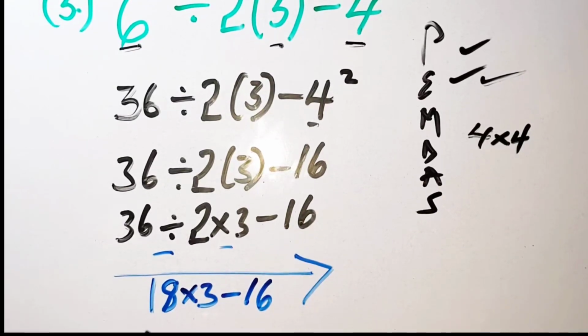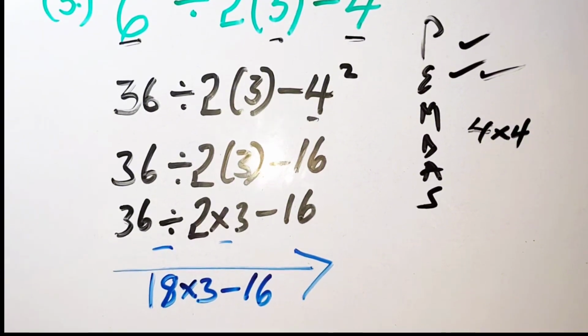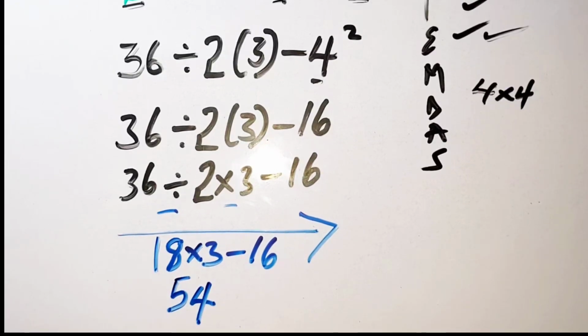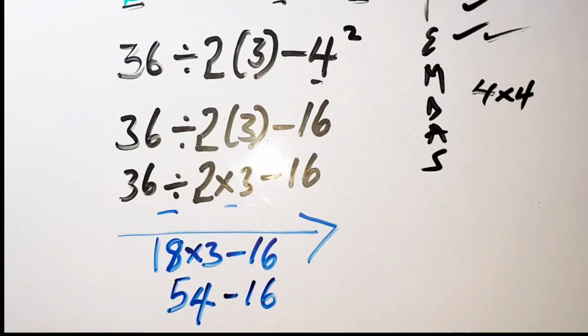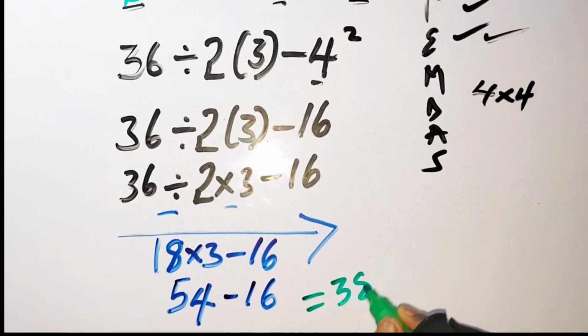Now 18 times 3, that is 54. Okay, and 54 minus 16, the result is 38. And this is your final answer.